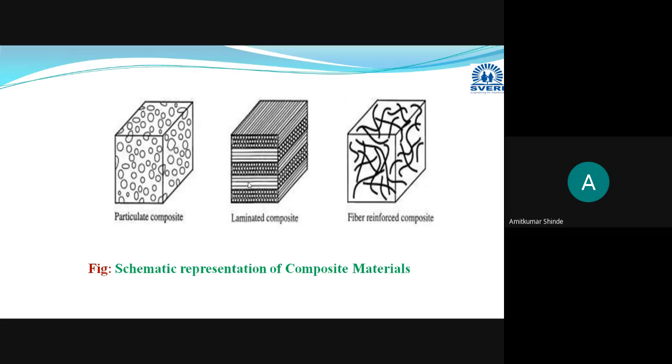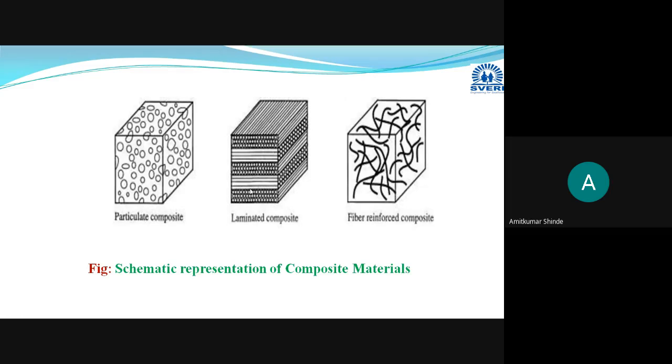Then with copper clad stainless steel, the stainless steel material will be there, and in that stainless steel material, a few layers of copper will be given. You will be able to see the alternate layers.